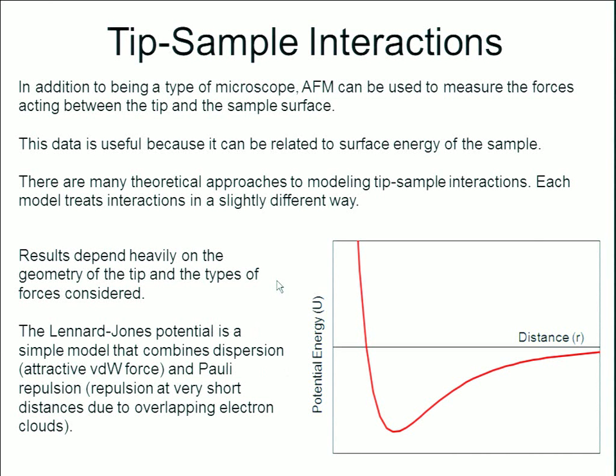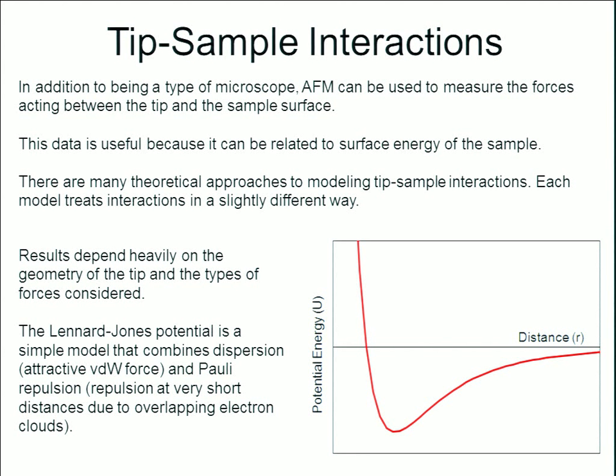As we said earlier in this lecture, not only is AFM a type of microscope, but it can also be used to measure forces between a tip and a sample surface. The reason this data is useful to us is because we can relate it to the surface energy of the sample. And there are many useful ways to incorporate that information.